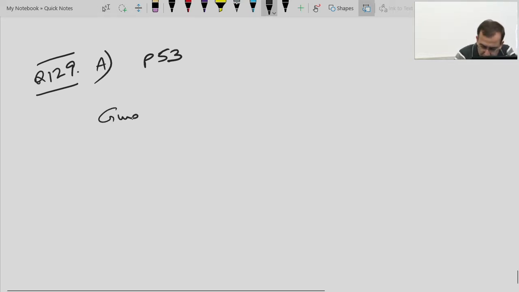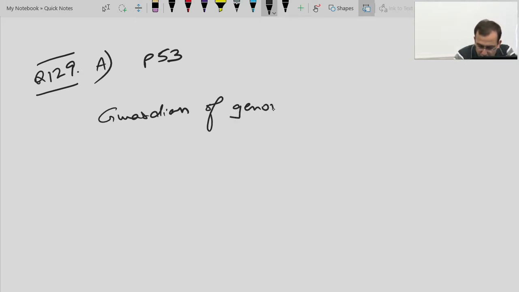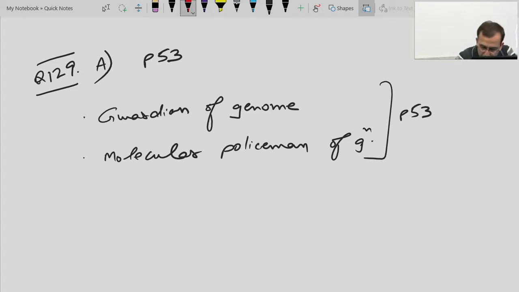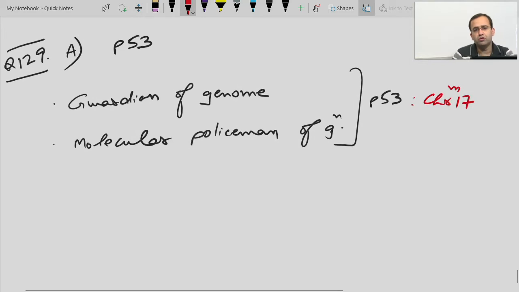So just one statement. Guardian or molecular policeman of the genome is P53. It is present on chromosome 17. Short arm or long arm?